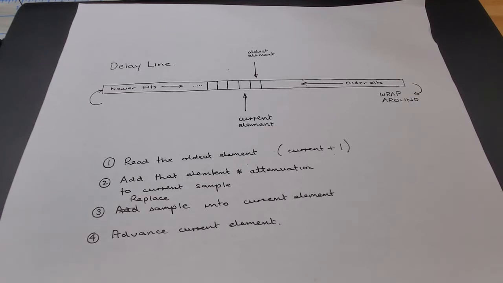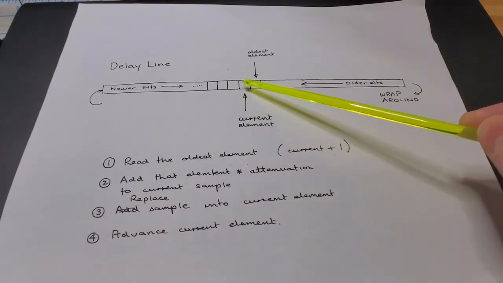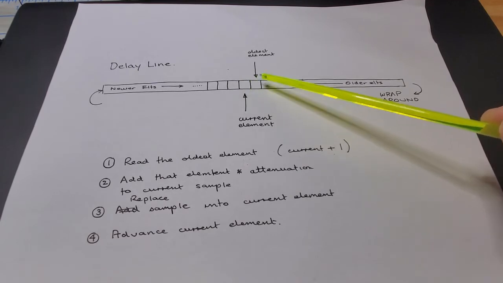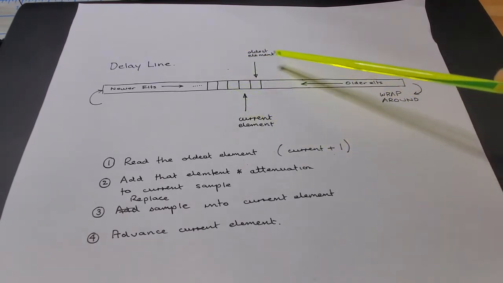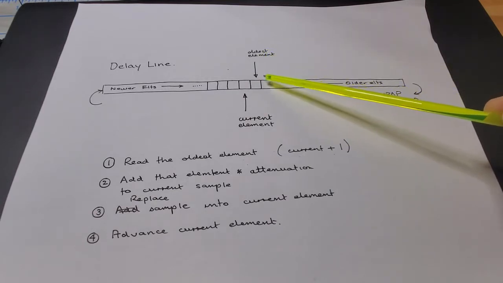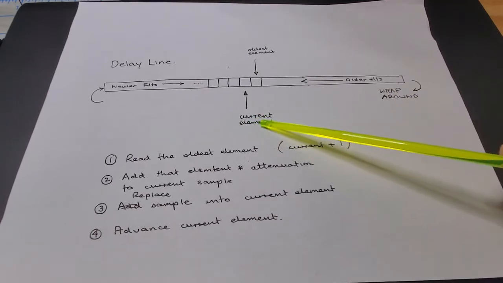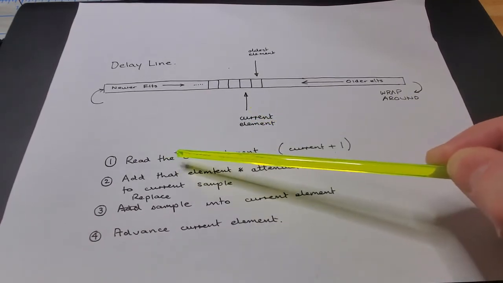So you can see how the samples are injected into the delay line here. And the way the echo is created is basically the oldest element is popped off the list, and it's added to the current element and then output.